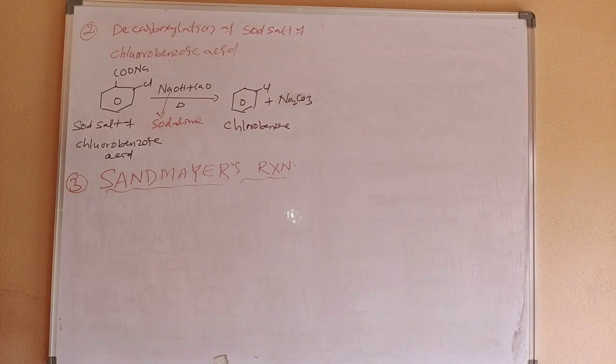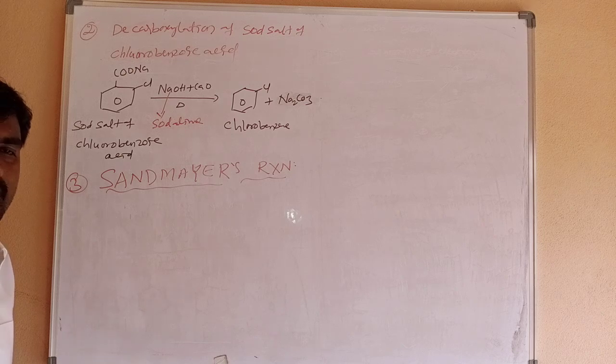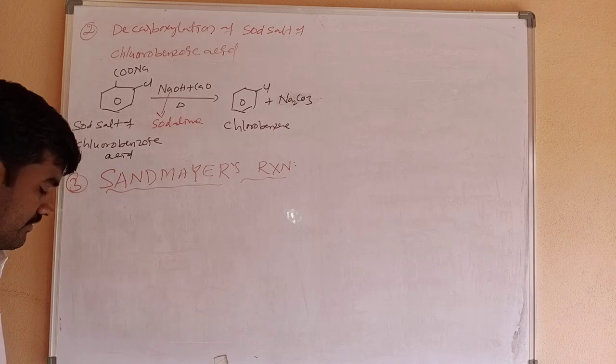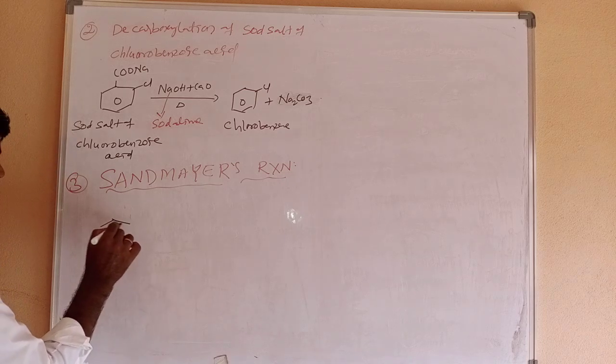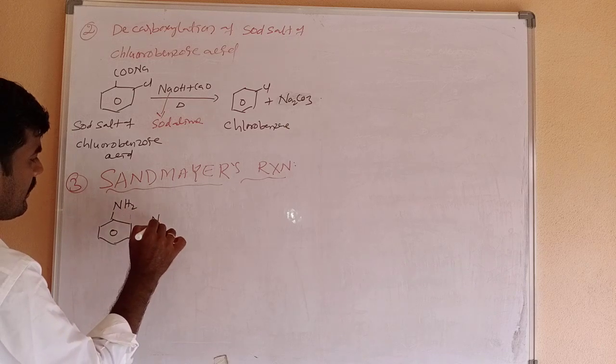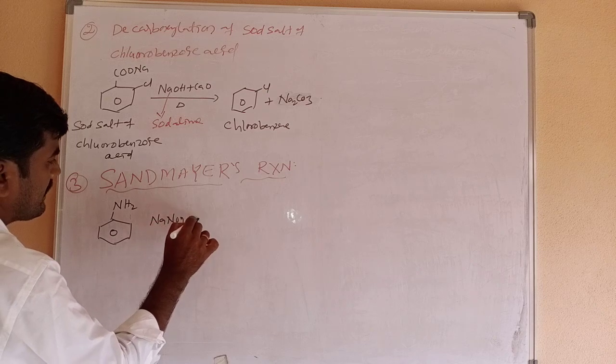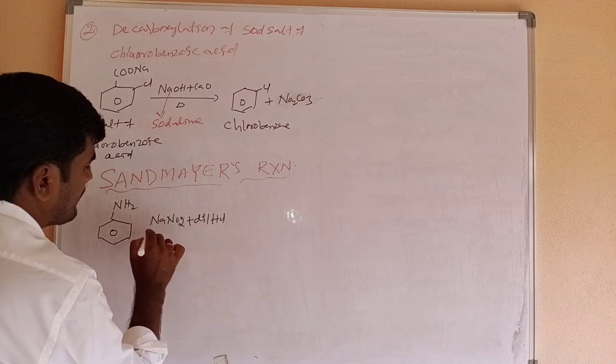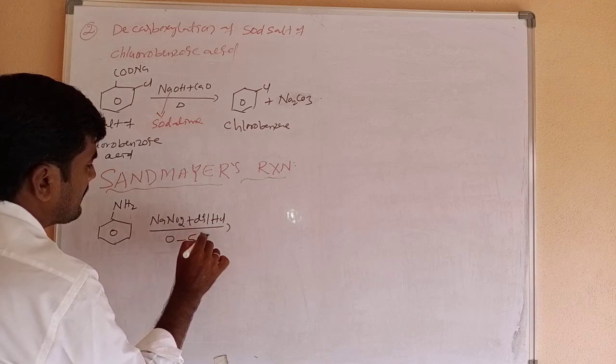First, the preparation of benzene diazonium chloride. Freshly prepared aniline is treated with sodium nitrite plus dilute hydrochloric acid at 0 to 5 degrees Celsius.